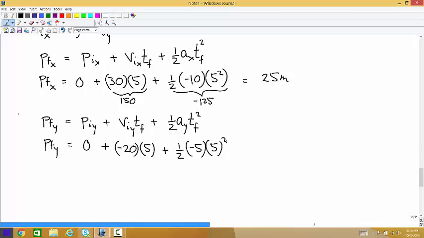So this is negative 62.5. This is negative 100. So PFY is negative 162.5 meters.